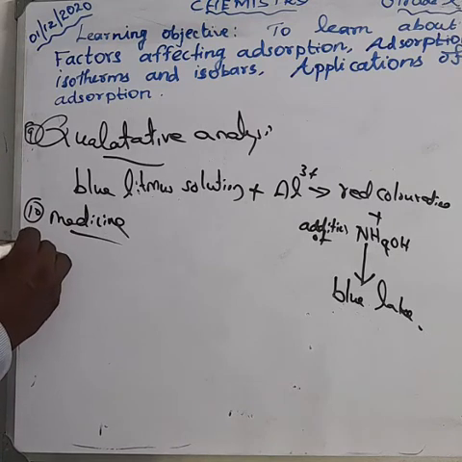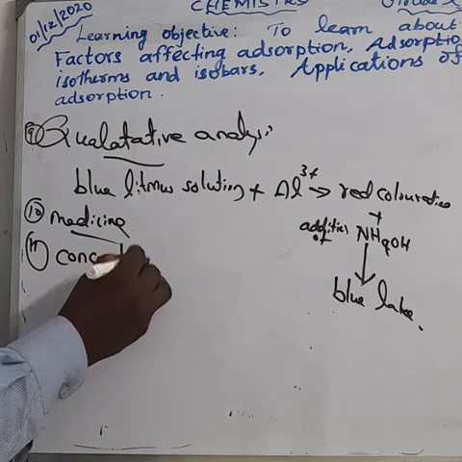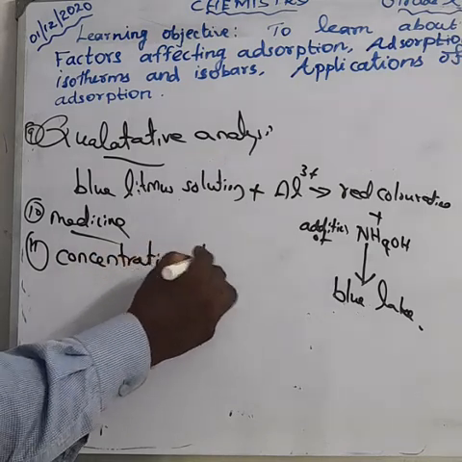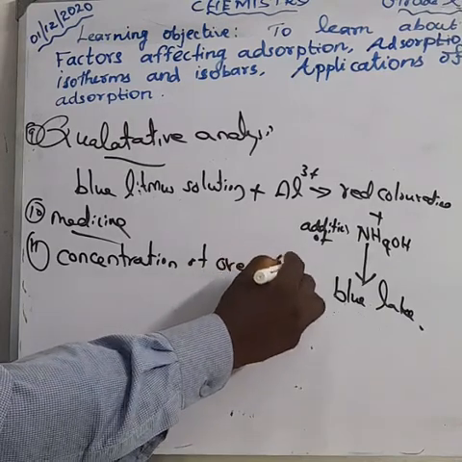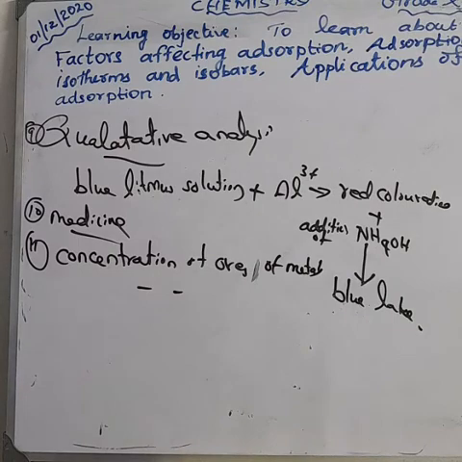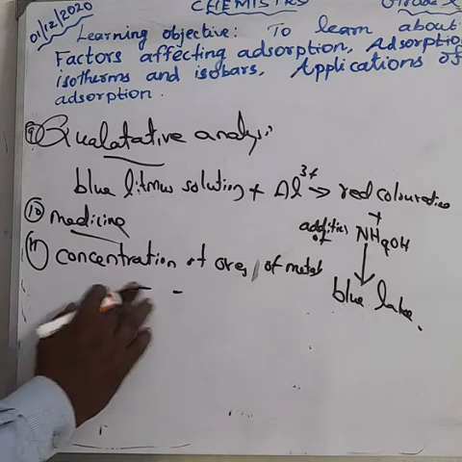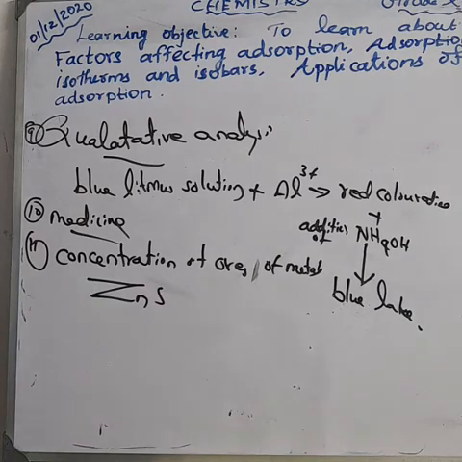Next is the concentration of ores of metal. We know sulfide ore, for example zinc blende, that is ZnS. Sulfide ores are concentrated by the froth flotation process.